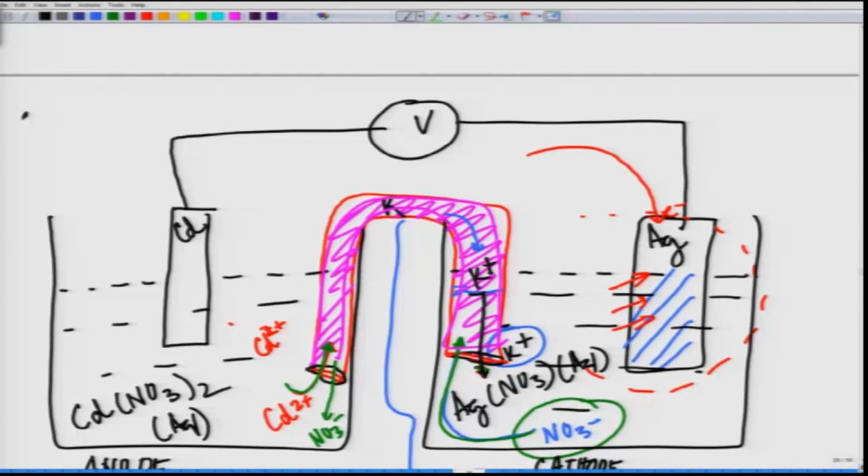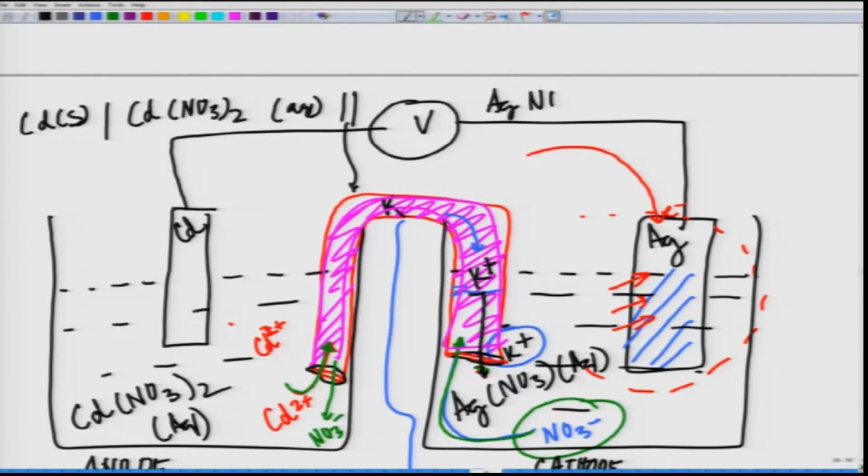Again, I am rewriting it: cadmium solid, Cd NO3 2 aqueous, double line which is essentially your salt bridge, followed by AgNO3 aqueous, and with a phase boundary out here, you show Ag solid.